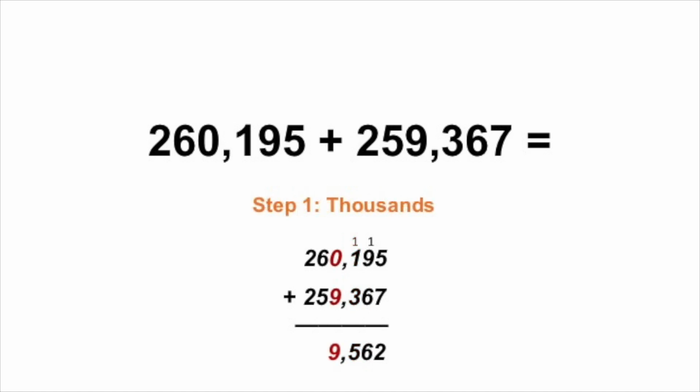And then we go comma because we're into the thousands. 0 plus 9. 0 plus 9 equals 9. 6 plus 5 equals 11. So write the 1, carry the 1 over. 1 plus 2 plus another 2 equals 5.